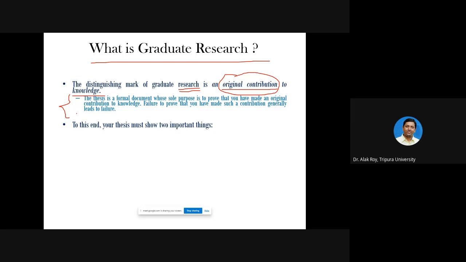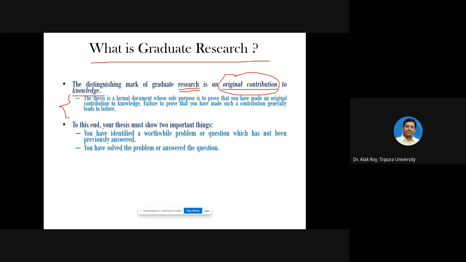Writing a thesis means you should prove that you have made an original contribution to the knowledge. It is your own work. It is not someone else's work. If you fail to prove that you have contributed anything to the society, then it means failure.